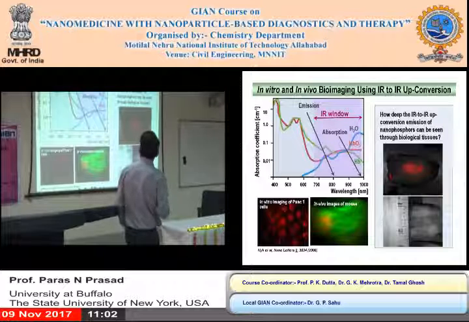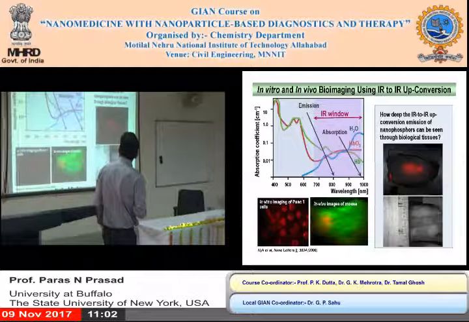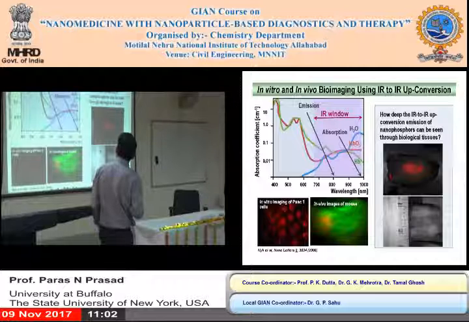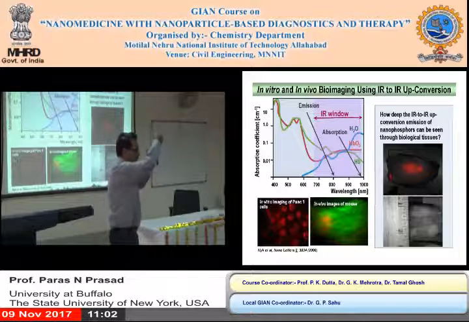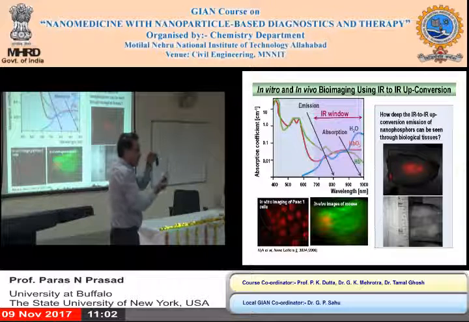Then the emitted light is at 800, higher energy, but this still is in the window and it can come out. So you can get light deep into the tissue and you can come out.